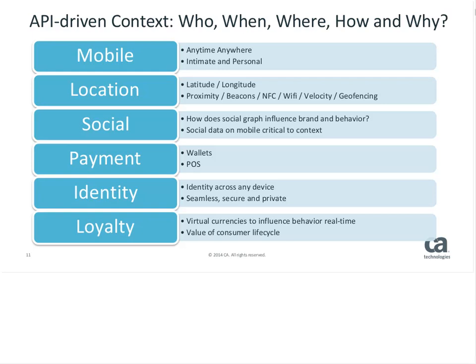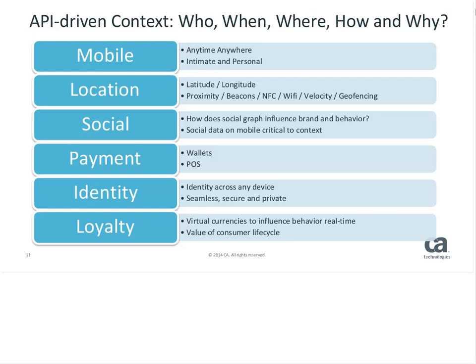And the other thing about the mobile device that's important to understand is intimacy. The mobile device is not like a website. It's not like a shared computer. A mobile device is smaller, it belongs to an individual typically, it is extremely personal. So when you communicate with someone, rather than spamming someone a bunch of coupons or offers on a phone, the more intimate you can make it, the more impactful it's going to be.